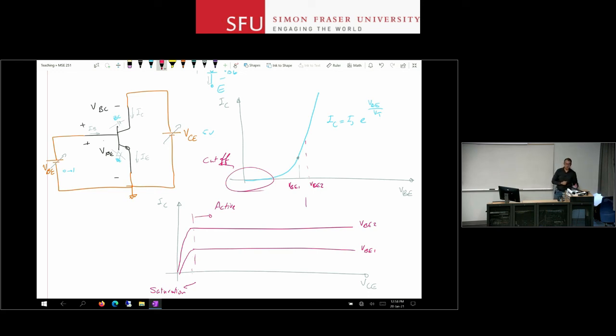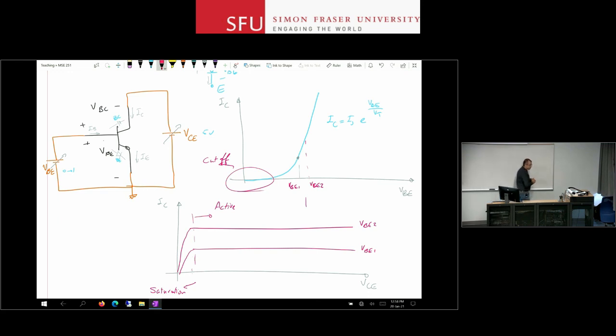Or you put such a large VBE over there and design such a VCE over there that the device goes into saturation region, and once it is in saturation region, VCE will be very small, 0.1 volts or 0.2 volts, something in that range. And it's as if you have closed the two sides. It looks like a closed switch, right? So if you want to have a relay that opens and closes, this could be the answer. And this is how you make digital circuits that have two states, 0 or 1, on or off.